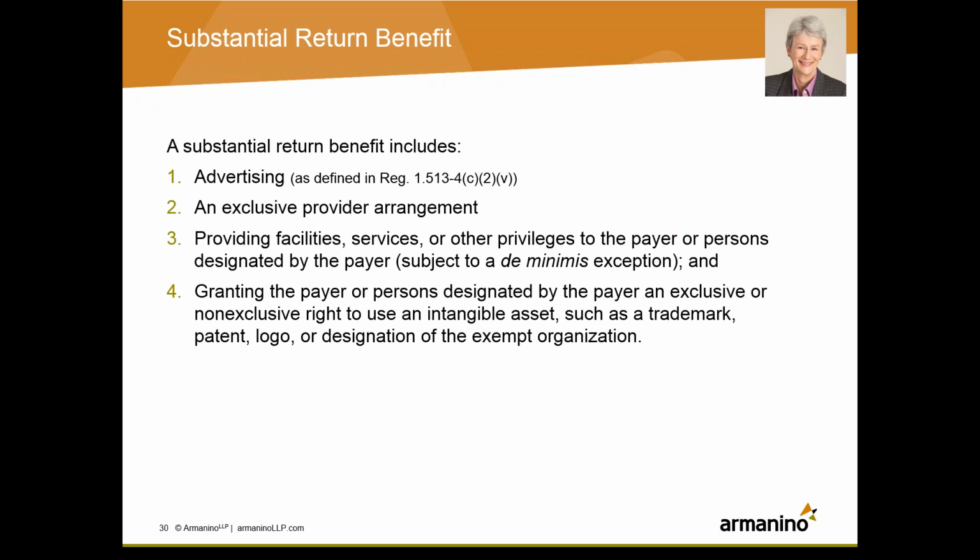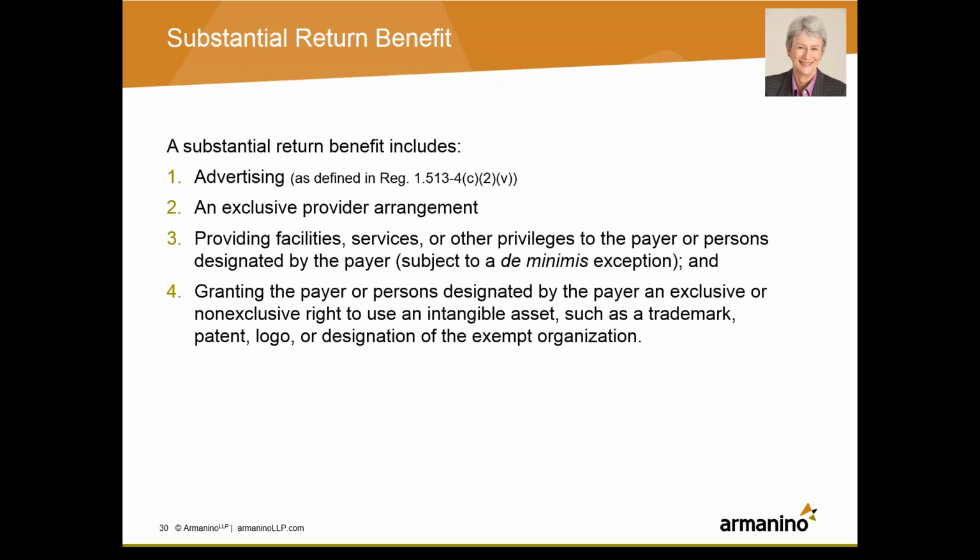So if we look at number 3, which is where I'd like to focus, we're talking about the de minimis exception. That de minimis exception allows the recipient of the payment, in other words, a tax-exempt organization, to provide the sponsor with benefits that have an aggregate fair market value of not more than 2% of the sponsor's payment. So let's say the sponsor gives you $100.